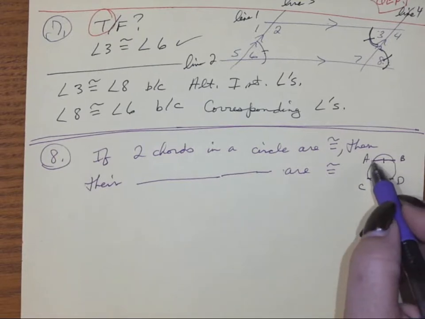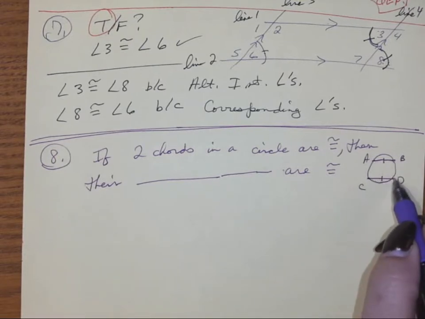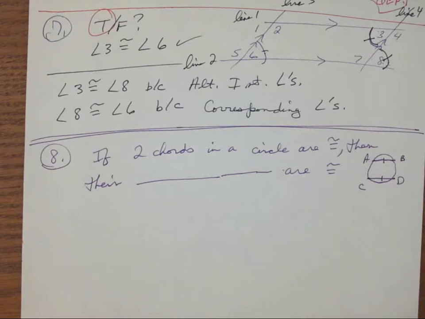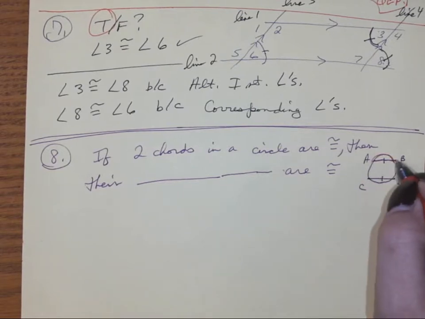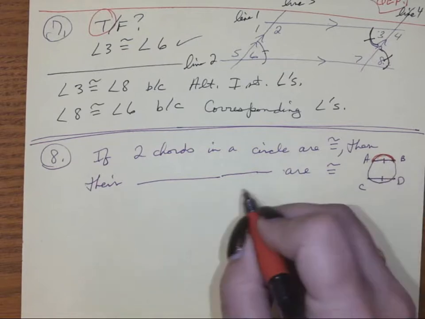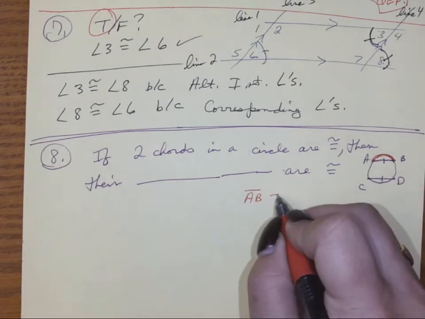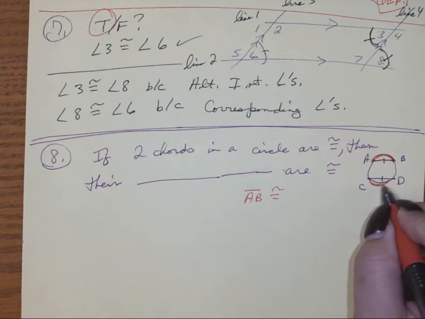If I know that the chord AB is congruent to the chord CD, then what do I know also? The arc AB is congruent to the arc CD, right?